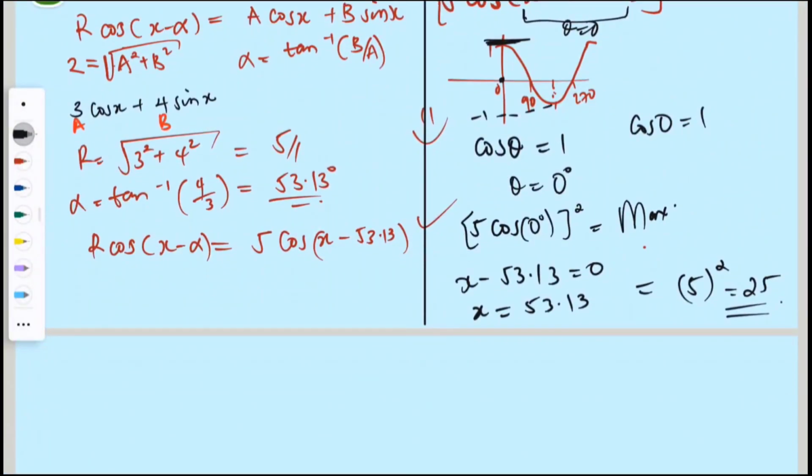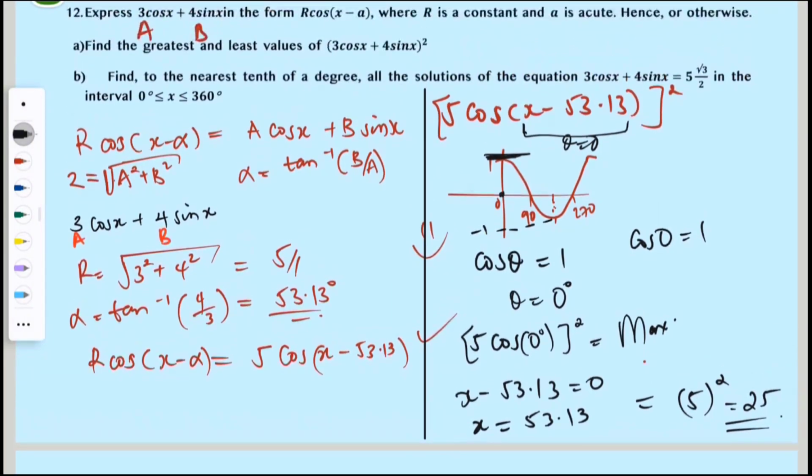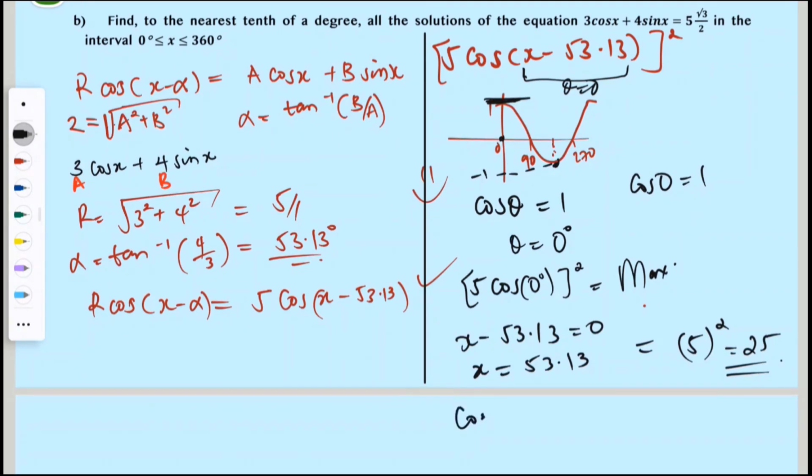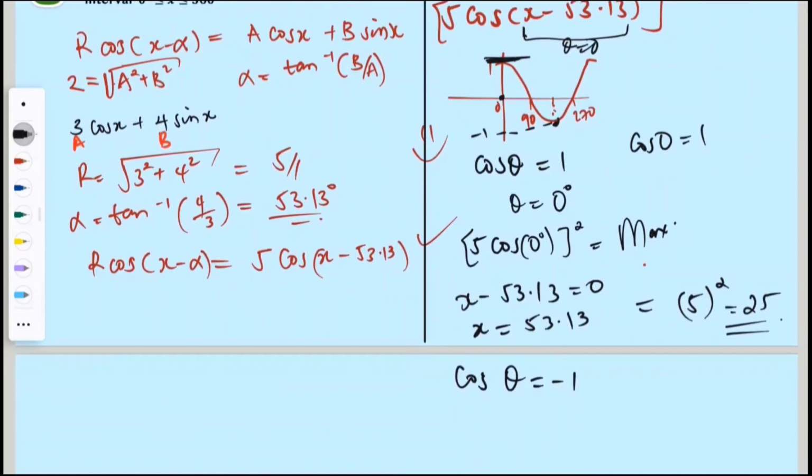Okay, so we have to find the least value. The least value occurs when we have a trough, and that is when cos of the angle is minus 1. So this occurs at theta being 180 degrees.